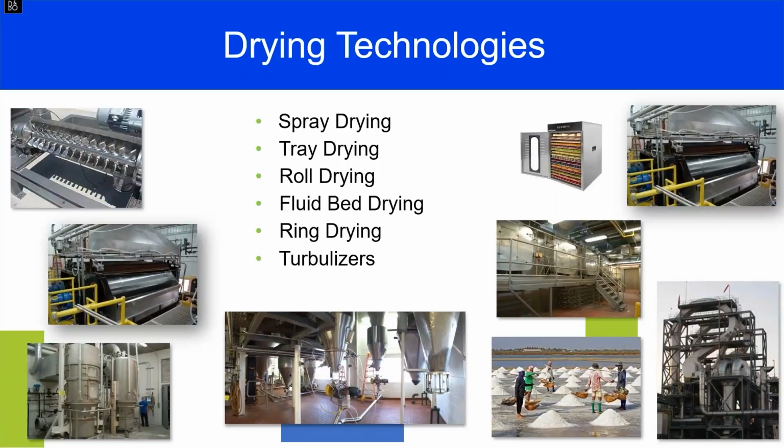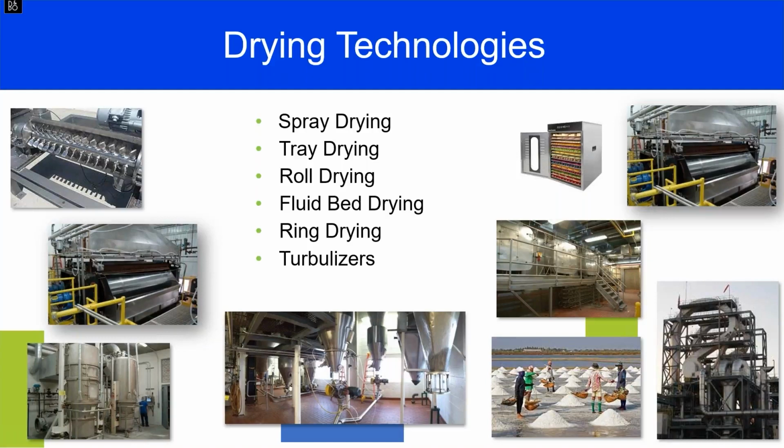I can't hardly talk about agglomeration without talking about drying. This is my standard: what kind of drying techniques are there for particle processing? From spray dryers to roll dryers to tray dryers to drying out in the open to flash dryers and fluid beds.